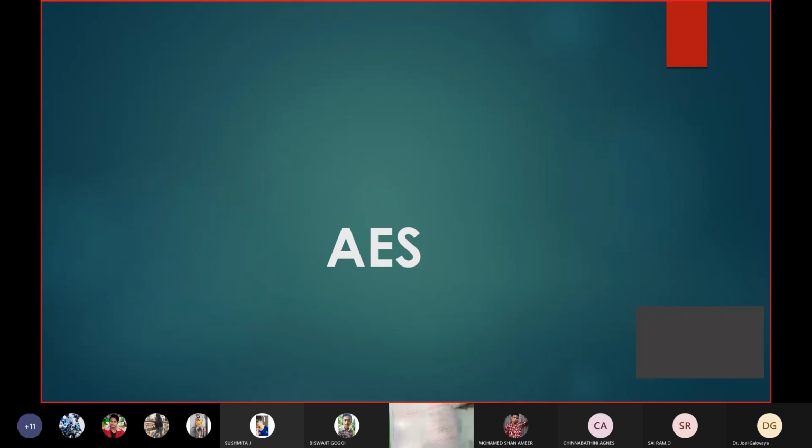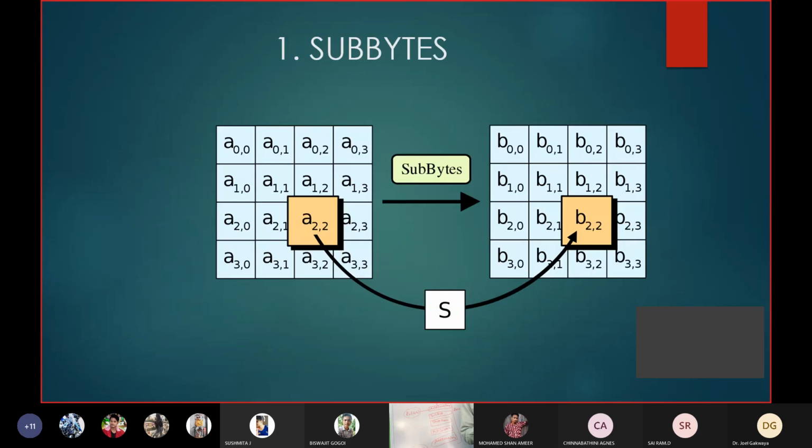So in this AES diagram, when we talk about sub-byte key, okay, as you remember, you will tell me if you can be able to see the board. Is the board visible? You can see the board. Is the board visible as well? Yes. You will tell me, is the board visible? You can see the board? You can see the board?